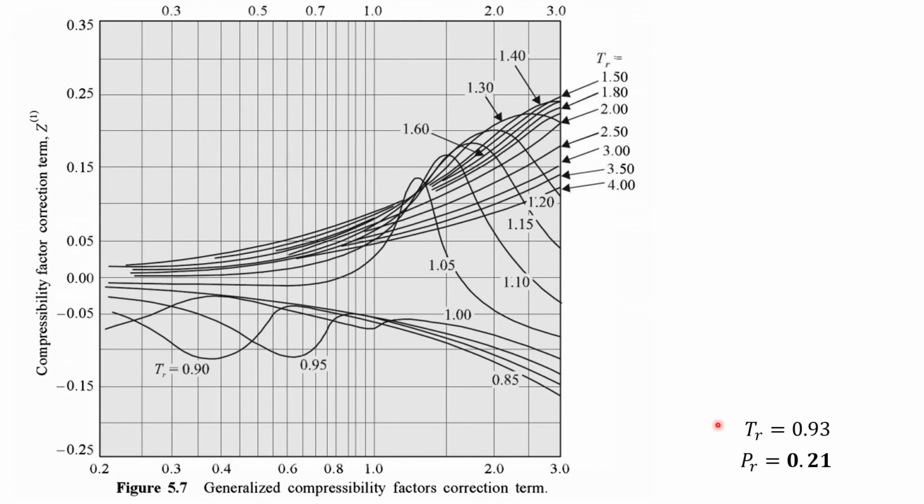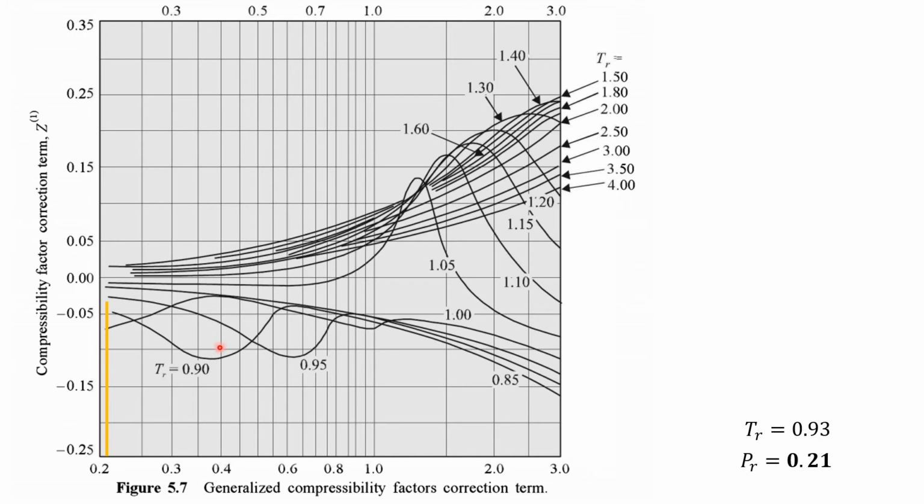So again we need to locate Tr and Pr points on the chart. Somewhere here we can see that Pr 0.21 will come, and we need this Tr equal to 0.93. So this is Tr equal to 0.9 and this line is 0.95.